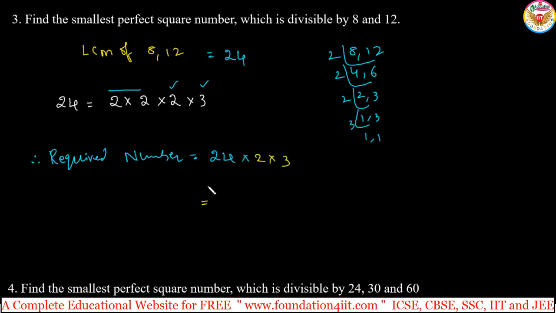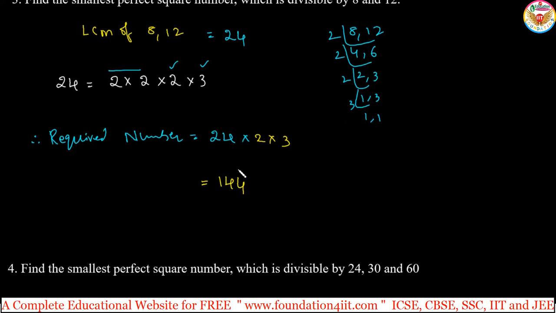There is the required number. So 24 into 6 is 144. 144 is the required number. So 144 is the smallest perfect square number which is divisible by 8 and 12. 144 is divisible by 8, 144 is divisible by 12 perfectly, and that is a perfect square number.